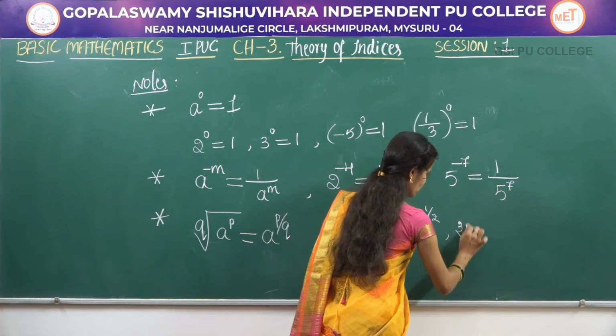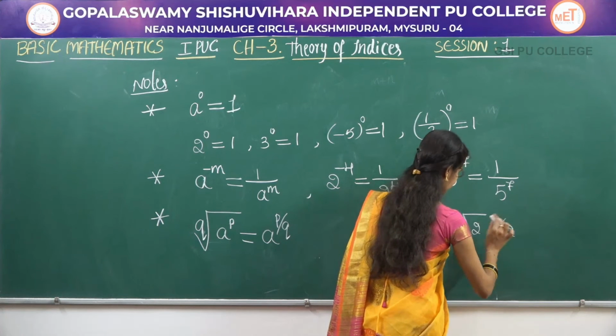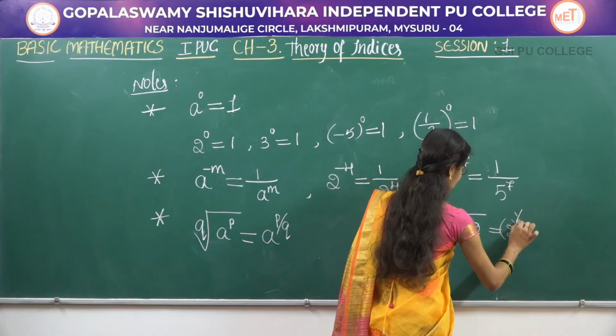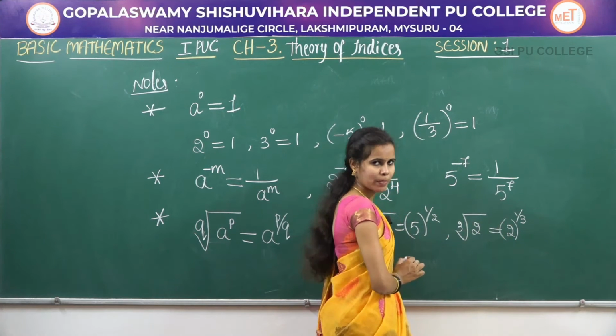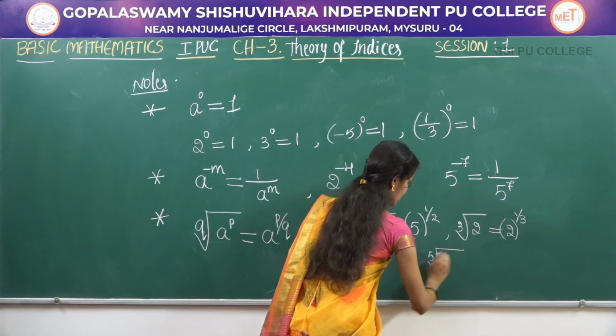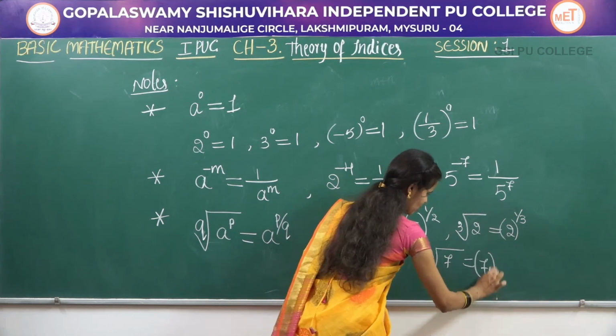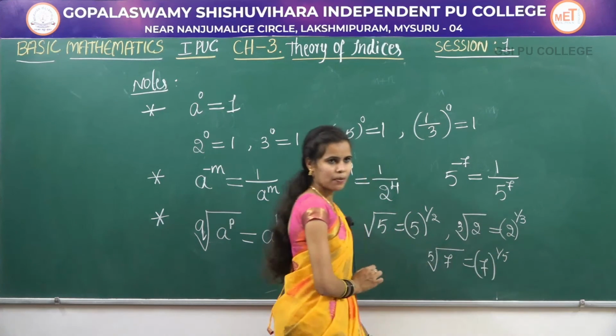Consider the cube root of 2, this can be written as 2 to the power of 1 by 3. Okay. The fifth root of 7 can be written as 7 to the power of 1 by 5.